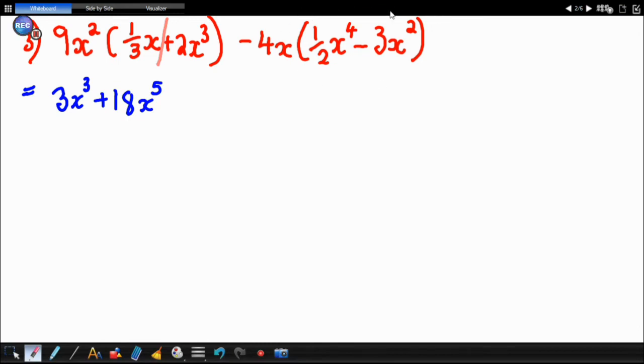Now we have to deal with this part here. Okay, let me just change color. Right, so we are going to say negative 4x. If you want, we can take our highlighter and put a line across there so that we know that those are two different terms and they will be multiplied with this negative 4x on the outside.